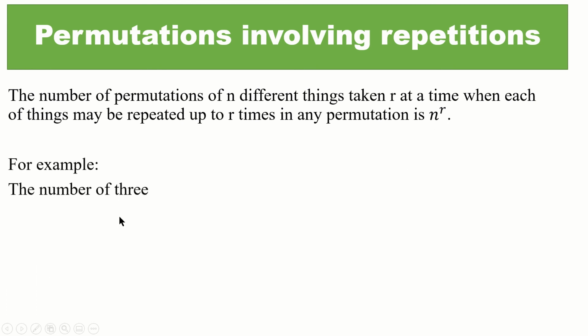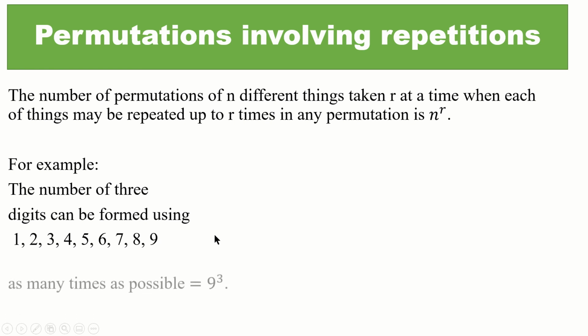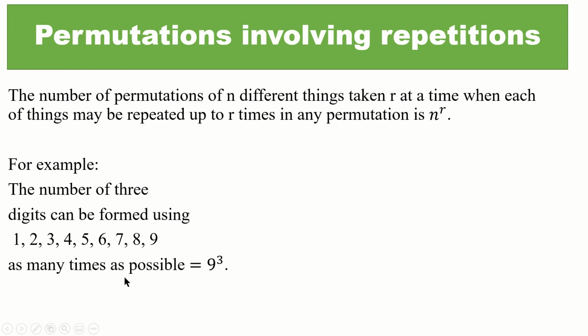For example, the number of 3-digit numbers that can be formed using 1, 2, 3, 4, 5, 6, 7, 8, 9. That means you have to use these digits, but the number will be a 3-digit number, and this is equal to 9 to the power 3.